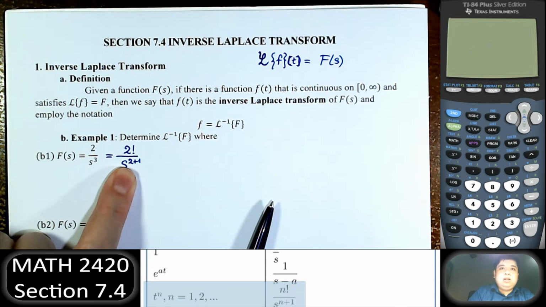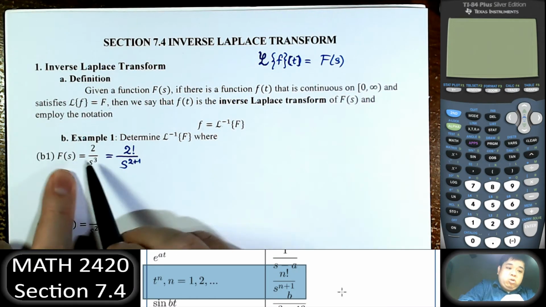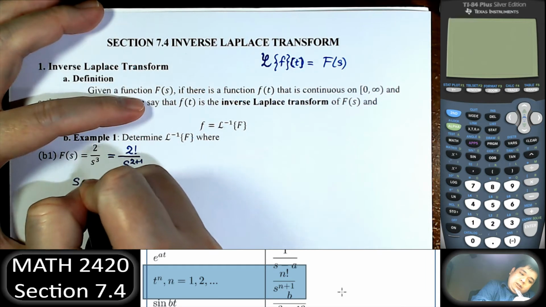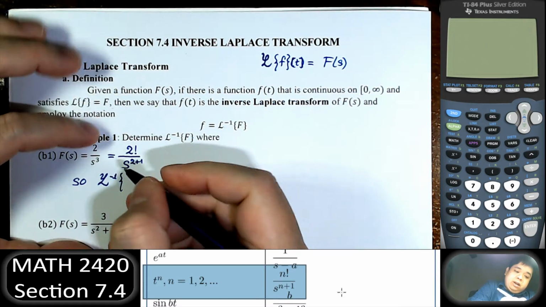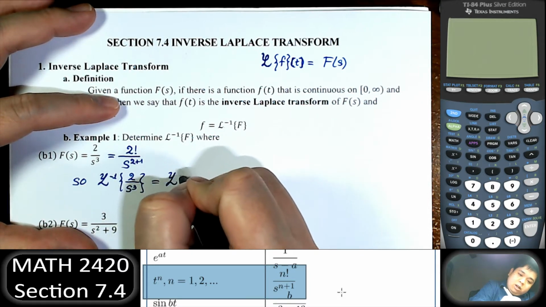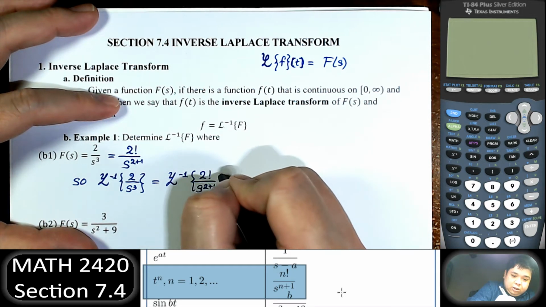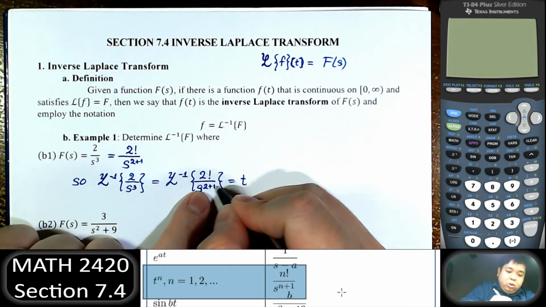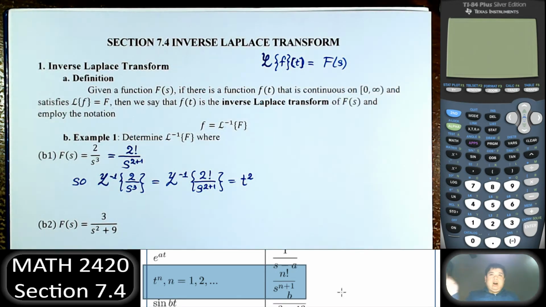The inverse Laplace transform of n factorial over s to the n plus 1 is t to the n. So the inverse Laplace transform of 2 over s cubed is the same as the inverse Laplace transform of 2 factorial over s to the 2 plus 1, and that is t to the n, which is 2, so that is just t squared. So on that table, we look from the right column and go to the left.